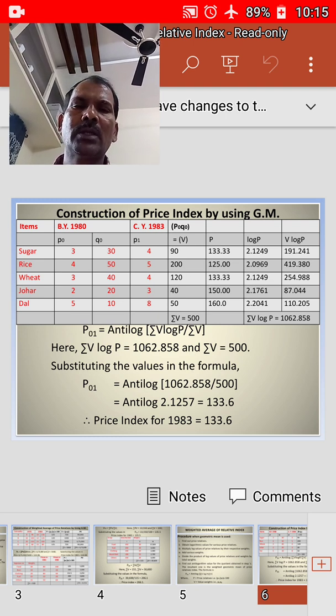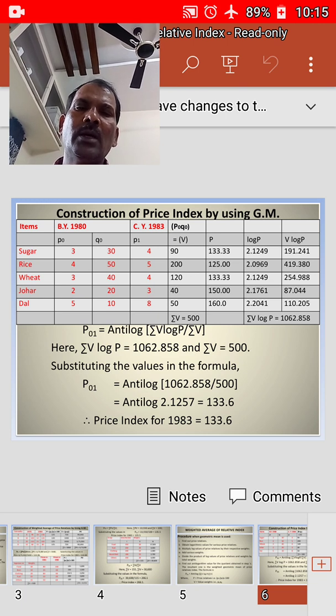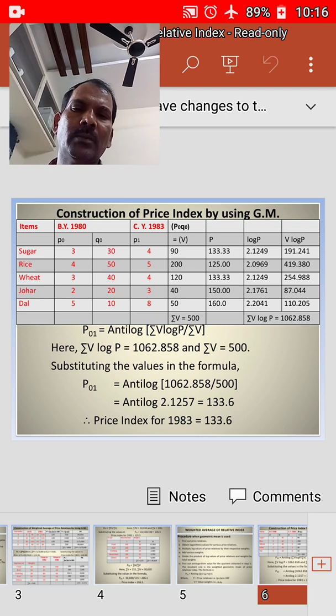With this we got all the required values, that is sigma V log P by sigma V, the weights into log P by the sum of the weights. Here sigma V log P is equal to 1062.858, and sigma V we got as 500.